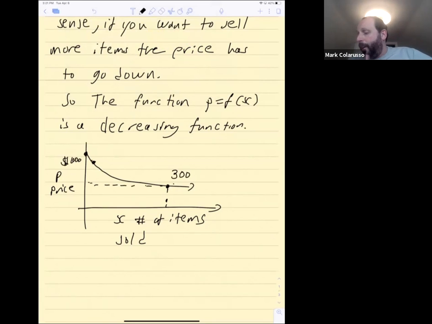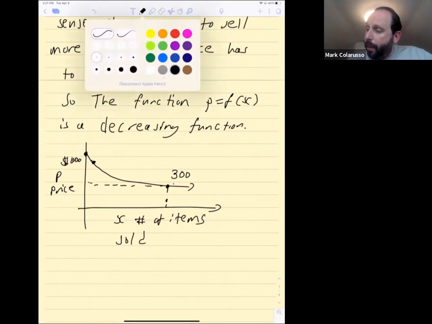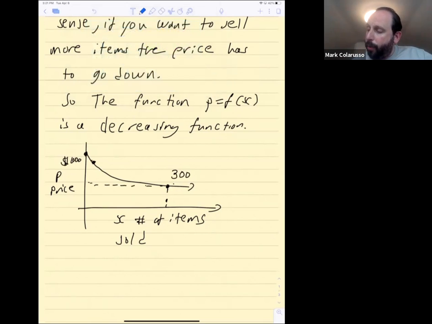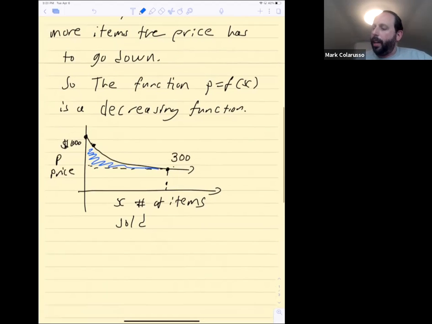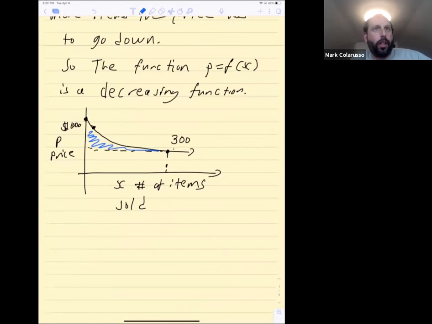However, you're paying 300. But what I want to understand is that even though you're willing to pay more, you're actually saving money in this fixed price economy. And the amount you're saving is given by the blue shaded area of the curve.